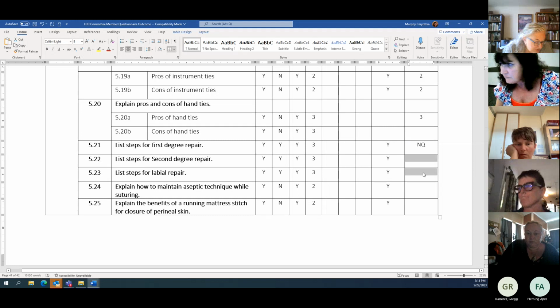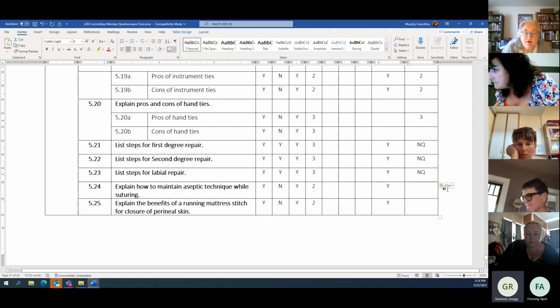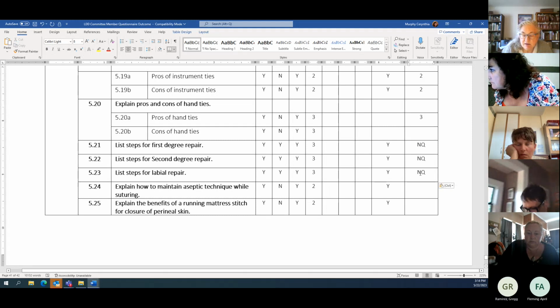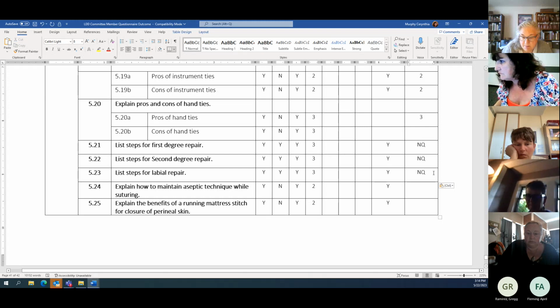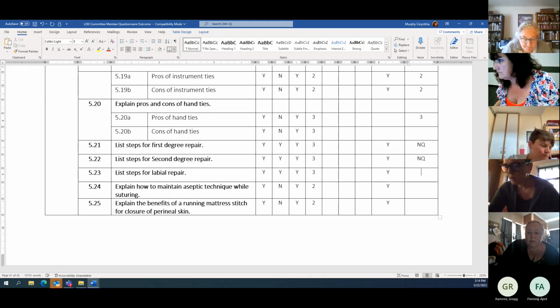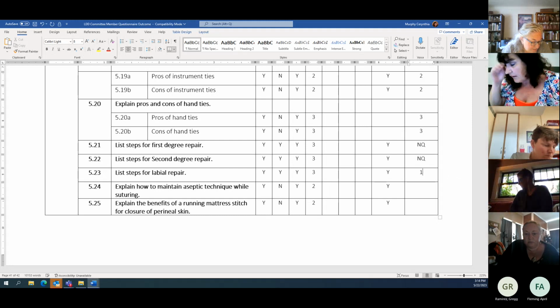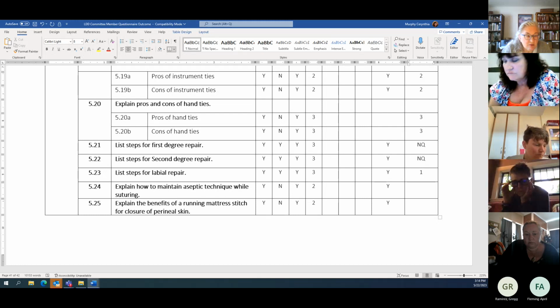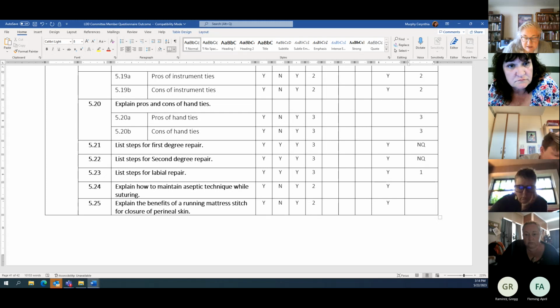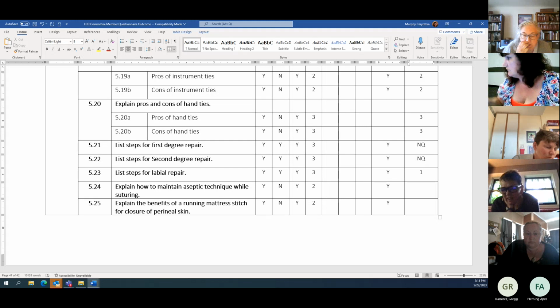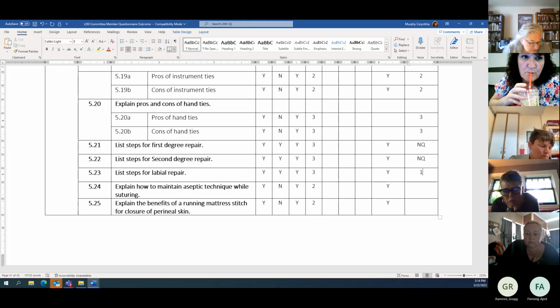Now 5.23, we have list steps for labial repair. Right now, we don't include that on the skills exam. So maybe we should have a roll-in question, or should it be a mandatory? Well, again, we could add it somehow to the skills exam. That's an option, although it's very hard to figure out how to do that because you can't use a phone block for that.